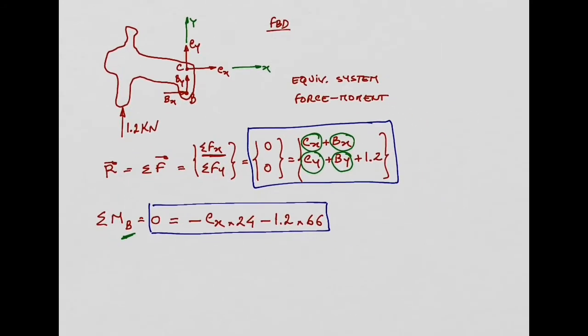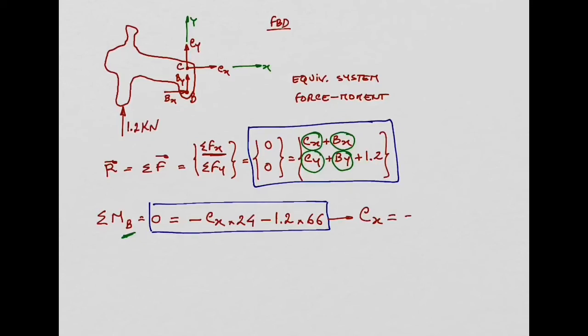Before we do that, let's go back to this body in red, because, for example, from this equation, you can get Cx. According to the calculations I have here, you should get Cx equal to minus 3.3 kilonewtons. We are working in kilonewtons. If you replace Cx in this first equation here, you should be able to get Bx.